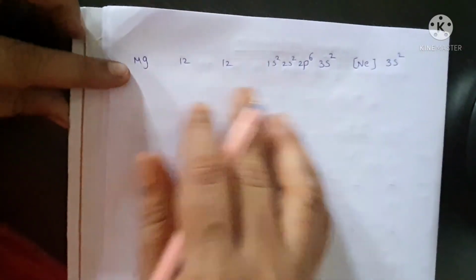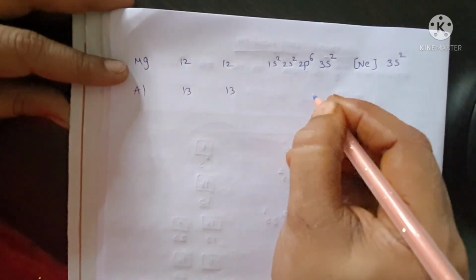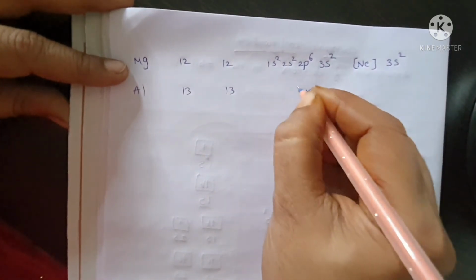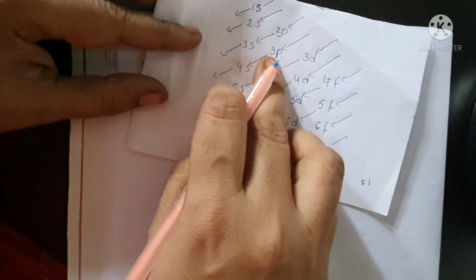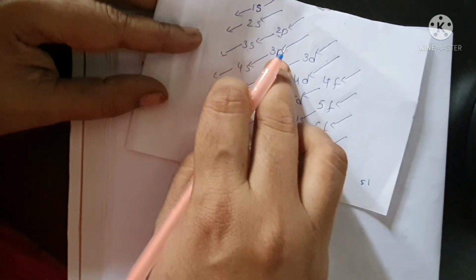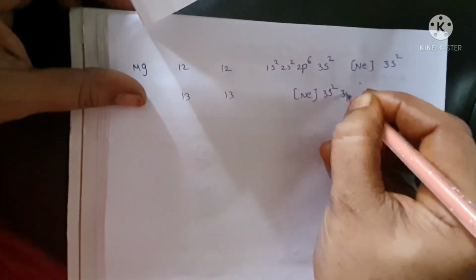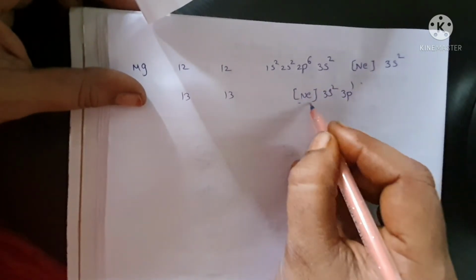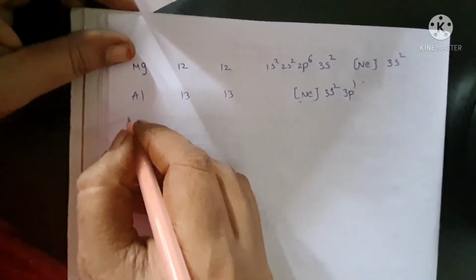Okay, this is for magnesium. Aluminium 13 electrons, neon 3s2, and the next coming electron enters after 3s into 3p. The low energy level is 3p. So here 3p1. Neon is 10 and 2 plus 1 is 3, 13 for aluminium.